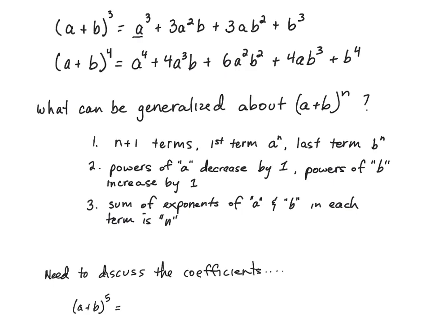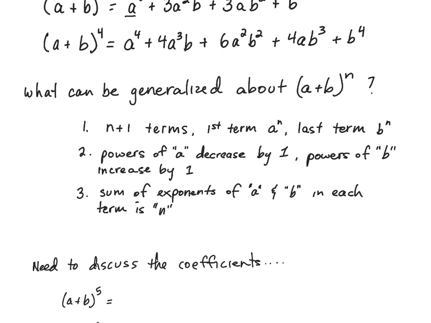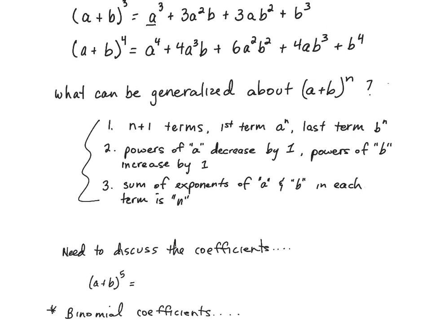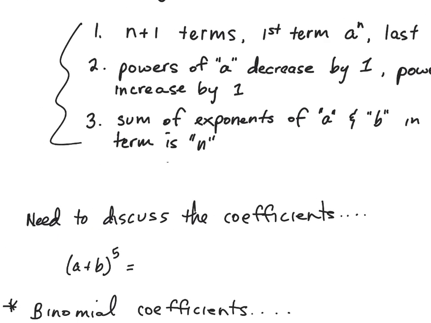So if we were to look now at (a + b) to the fifth power, if we followed these generalizations here, we could determine the terms of the expansion like this, but what we wouldn't know are the coefficients that would go in front of those terms. Those are called the binomial coefficients.